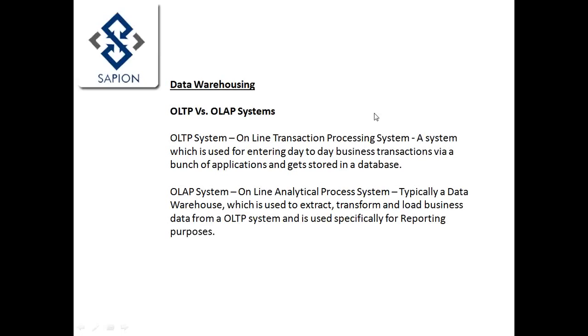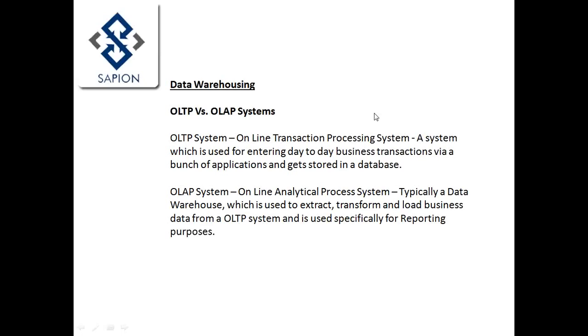I need to do some transactions in the HR system. Let me give you an example of a sales transaction. If I am a tire manufacturing company and I'm selling tires to a wholesale customer, I need to book that sale in an information system, and that information system is an online transaction processing system. All right, so I hope you get the point of an OLTP system.